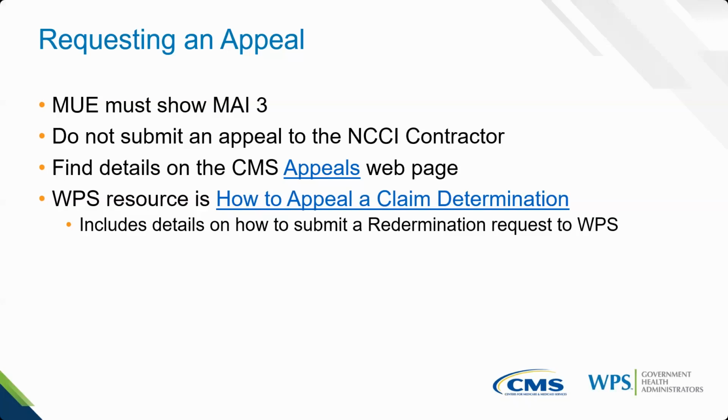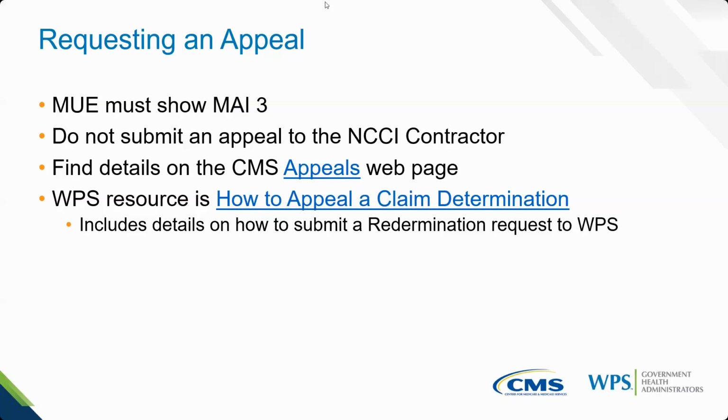One of the questions we received when learners registered for today's webinar, as I mentioned earlier, is how do you submit a claim for a service that exceeds the MUE? And of course, the MUE would be an MAI 3 as opposed to an MAI 2. The answer is that for WPS claims, you would submit the service on 2 lines.